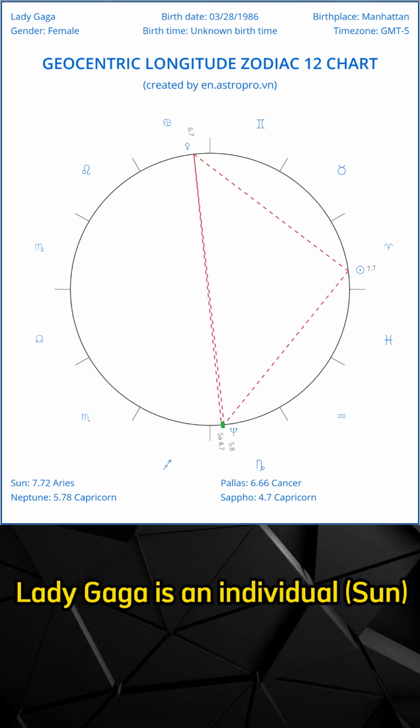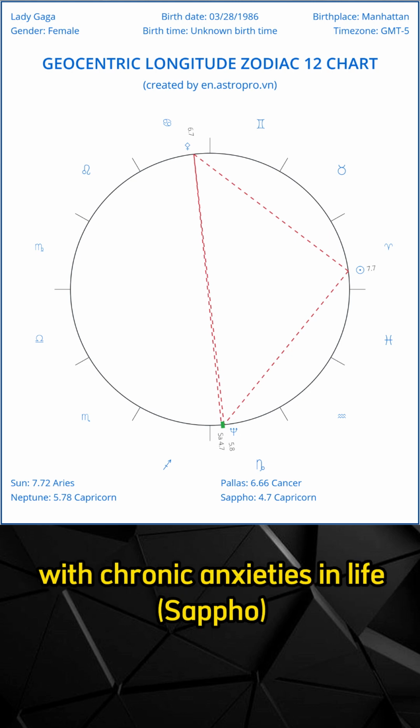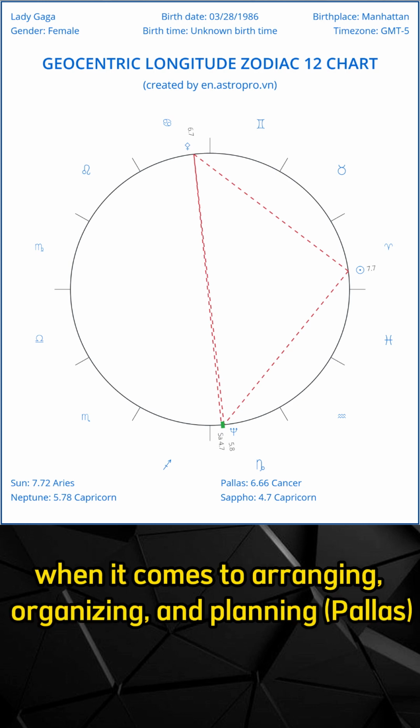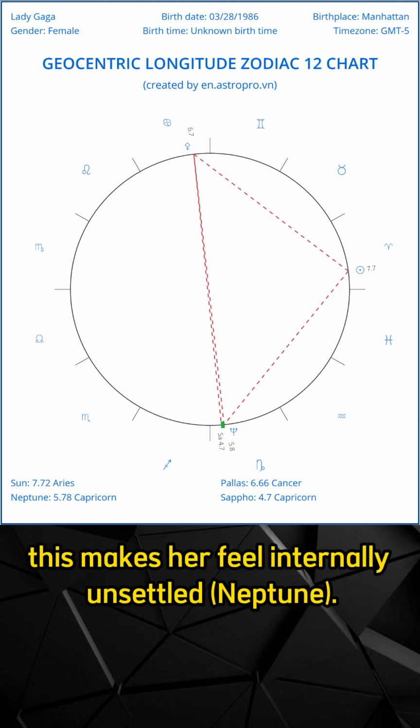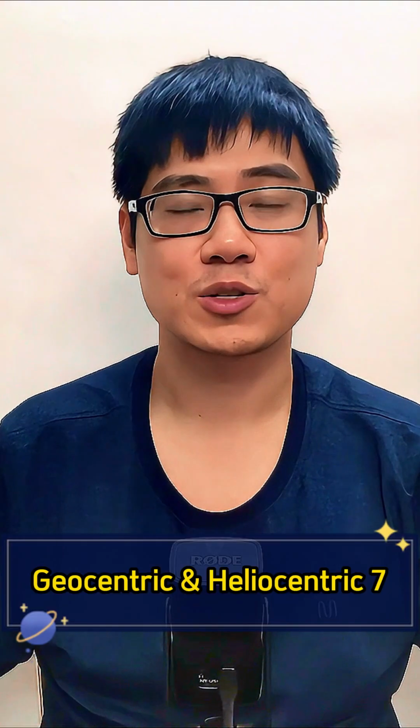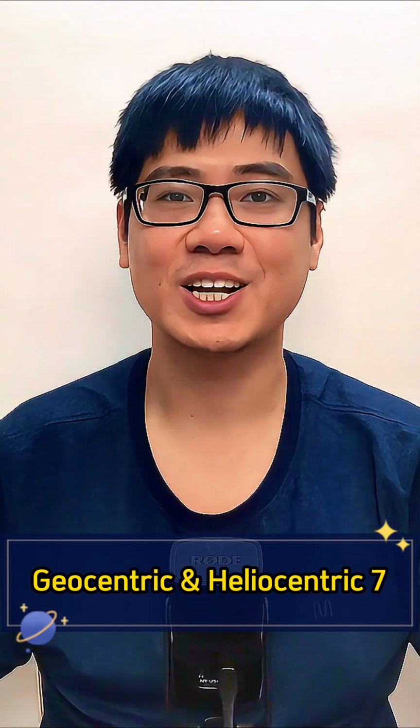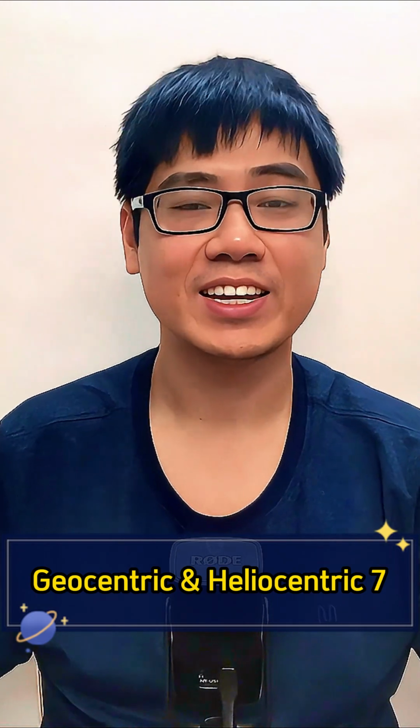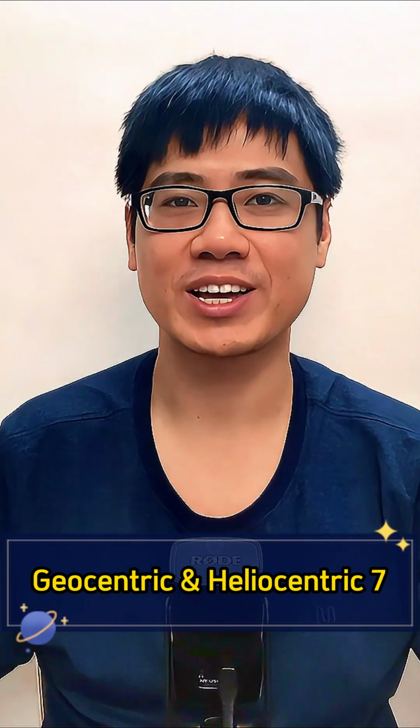For example, Lady Gaga is a person with the Sun, that has chronic anxieties in life from Sappho, especially when it comes to analyzing, arranging and planning, which is Pallas, and this makes her feel very internally unsettled, which is from Neptune.